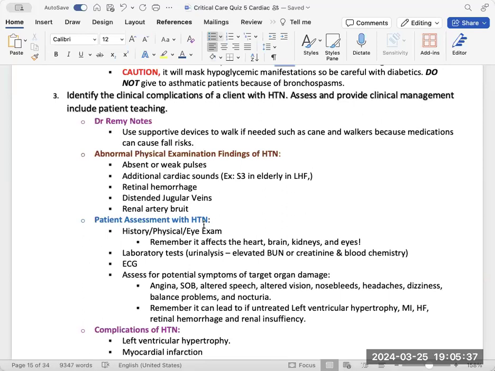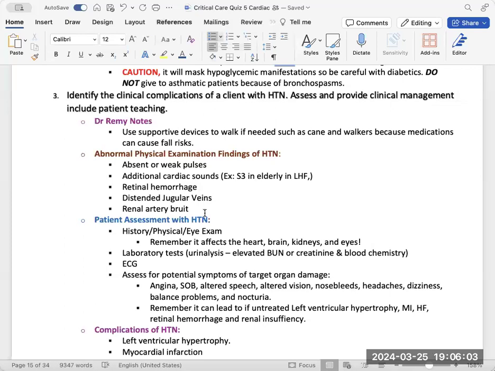We talked about medication issues. Well, let's just say we're talking about an older person who's taking these medications and it can cause hypotension and make you feel dizzy, right? Especially when you change positions. So it'd be good for patients to use supportive devices to walk, such as canes or walkers, because of risk of falls. That's what she mentioned for this specific question.